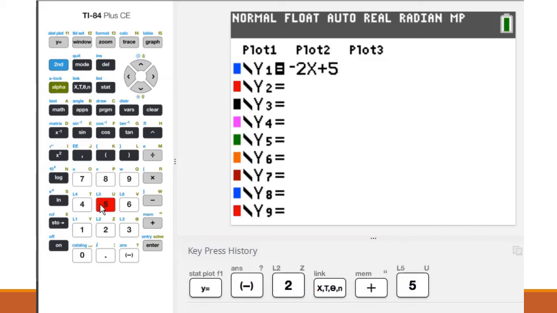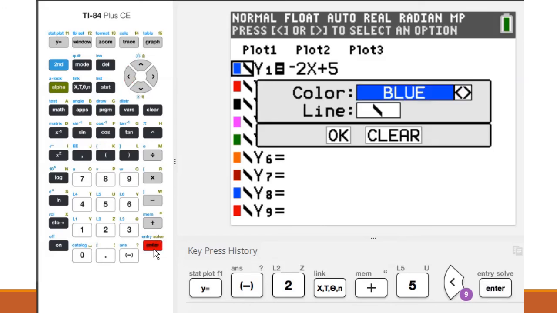And then instead of the equal sign, I need to move the pointer to the left, all the way to the line next to y equals, on the left side of the y equals. And then I need to hit enter to find the choices for the inequality.